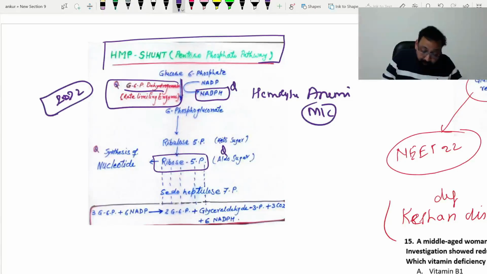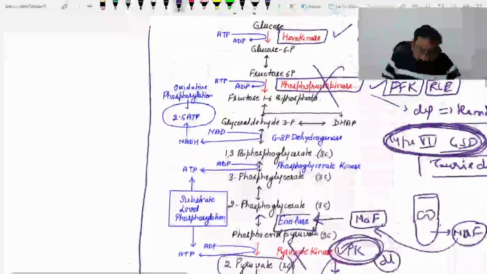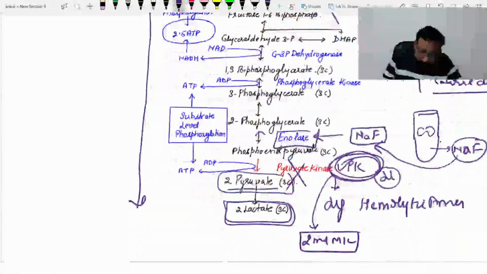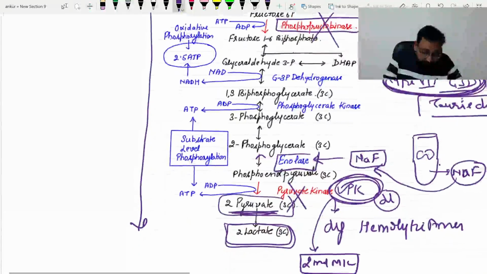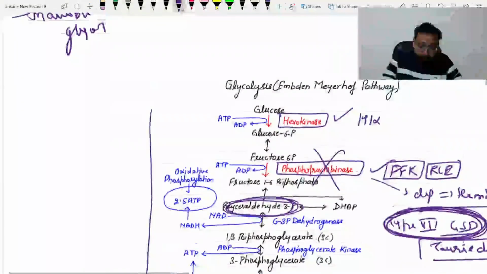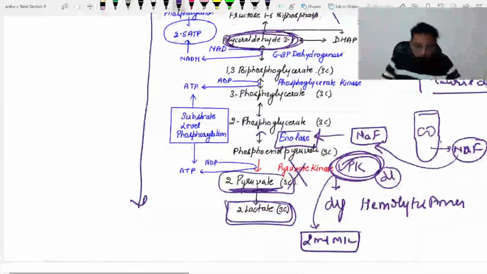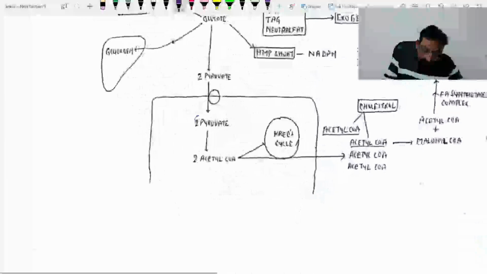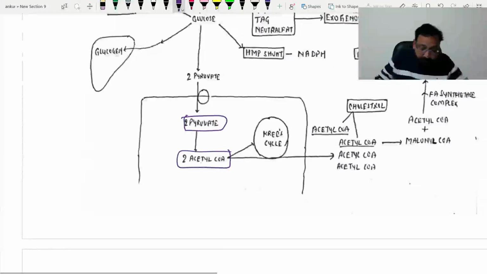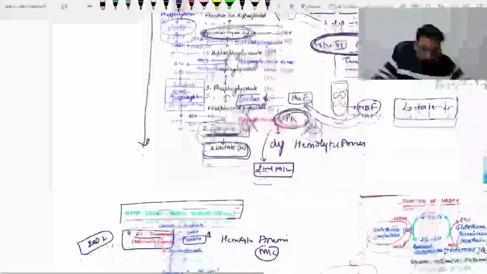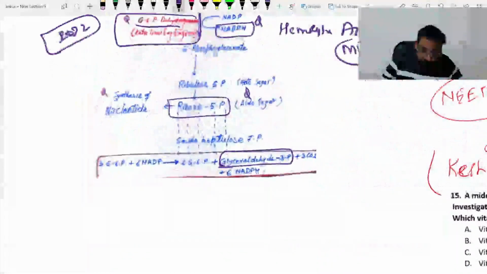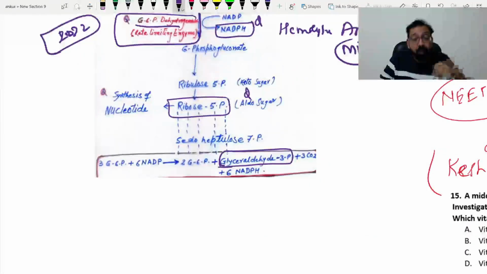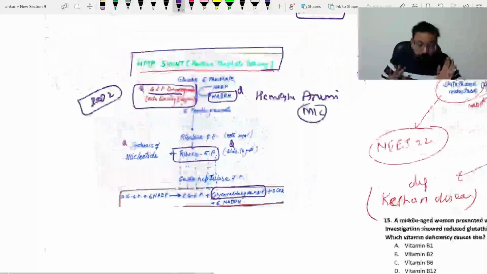Yes, the HMP shunt ultimately leads to glyceraldehyde 3-phosphate, an intermediate of glycolysis, which can enter glycolysis to produce pyruvate. Pyruvate in mitochondria is converted to acetyl coenzyme A. So glucose in the HMP shunt may ultimately be converted to acetyl coenzyme A. This was the question.